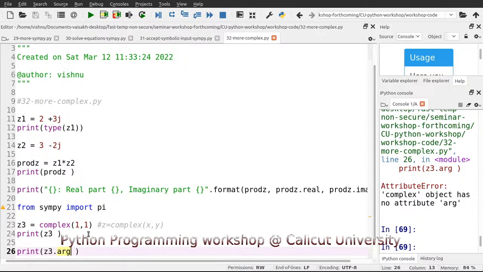So, okay, phase is the command that we should use. Phase. This is in cmath itself. cmath. Phase or angle. This is the way to do that.